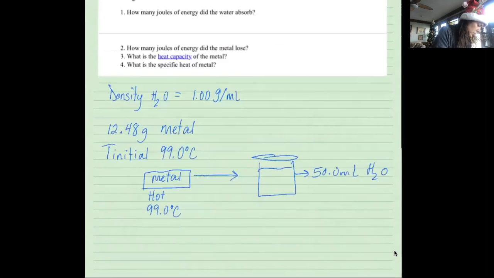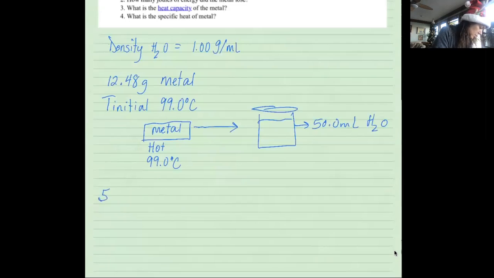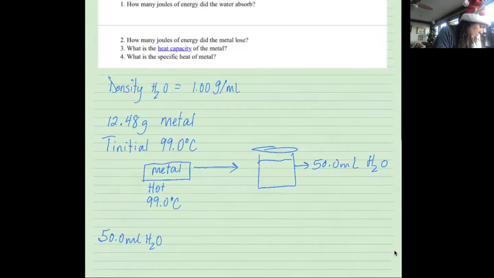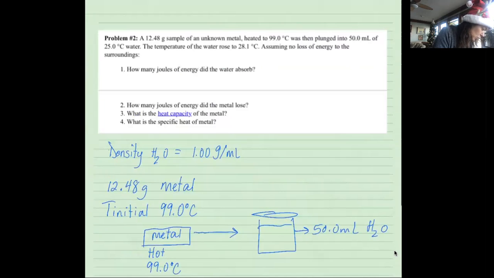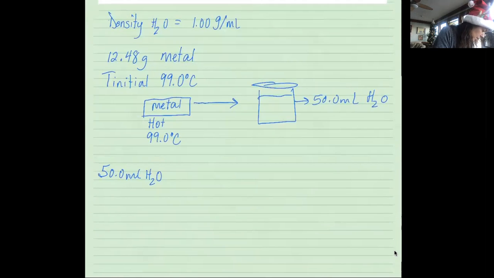So we have 50.0 milliliters of water. This is kind of my data over here, so I wanted to add it to my data over there. The initial temp of the water is equal to 25.0 degrees Celsius. Make sure you realize that's a 5.